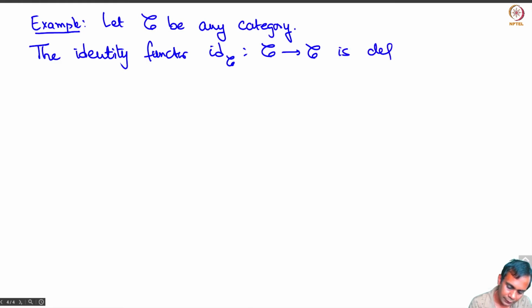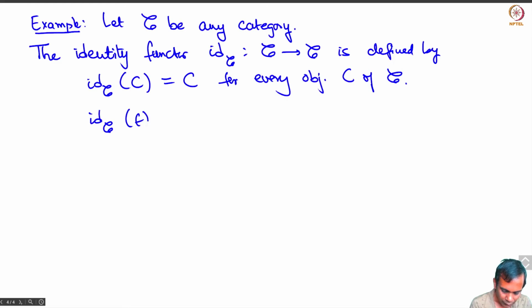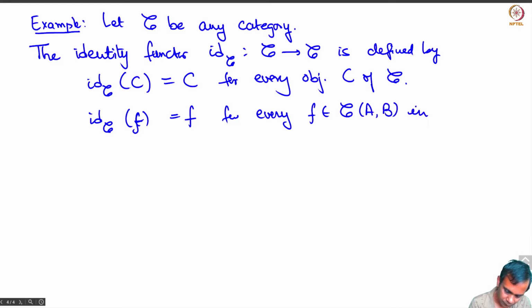It is defined by setting identity C of C is equal to C for every object C of the category, and identity C of F is equal to F for every arrow in C. And it's very easy to check that this actually satisfies the axioms in the definition of a functor.